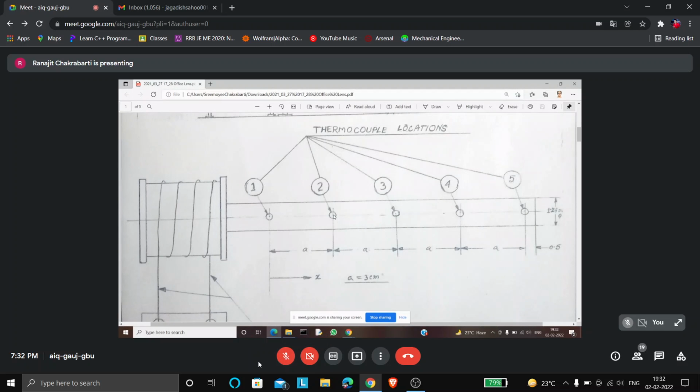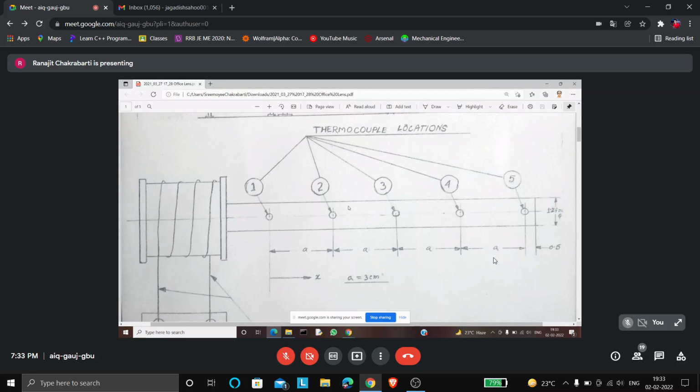One is called the hot junction, which records the high temperature, and the other is the cold junction, which is at the ambient in the atmosphere. At the end we have a wooden piece which does not allow any heat to flow in the axial direction.